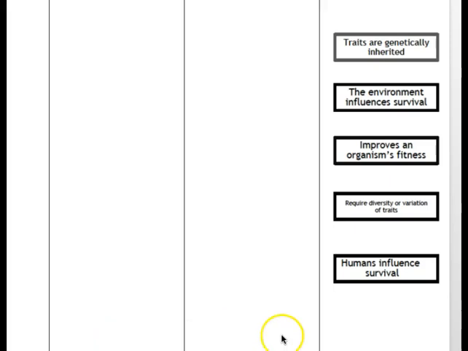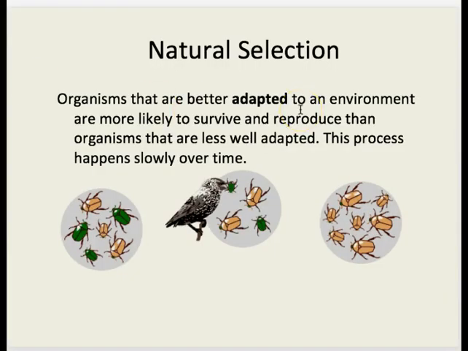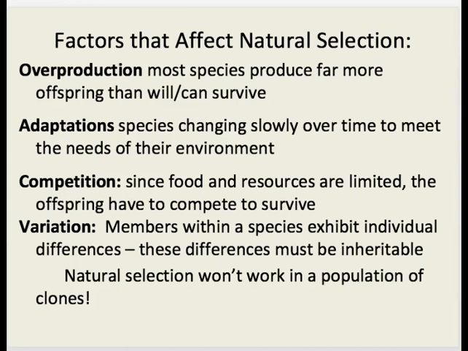The next that we're going to put on our chart is right here, that it improves an organism's fitness. And improving an organism's fitness means it's going to be better adapted, better able to survive. That means it's going to be able to survive overproduction, adaptations, competition for food, competition for any type of resource, place to live, mates.